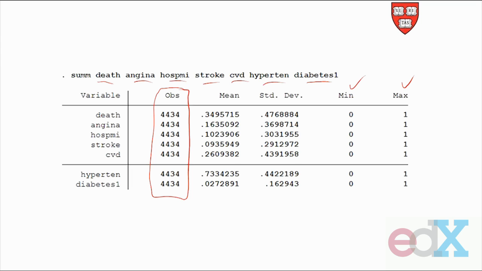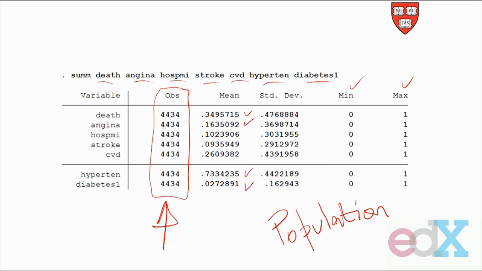So for example, we have that deaths are approximately 35% of the people. Angina is about 16%, and so on, down to hypertension is 73%, and our old friend diabetes at the first visit is roughly 2.5 to 3%. Now, this is for the whole population. So these are the population values.